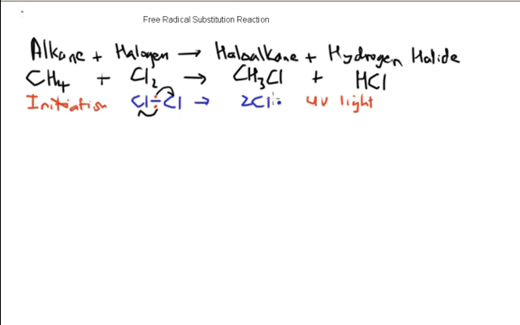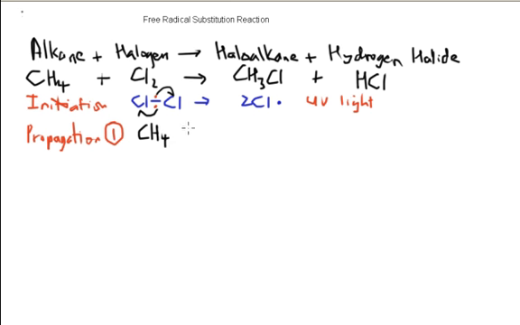Now because this free radical is very reactive, that leads us on to the next part of the process, which is called propagation. And this is the first propagation. This is where the methane gets involved.